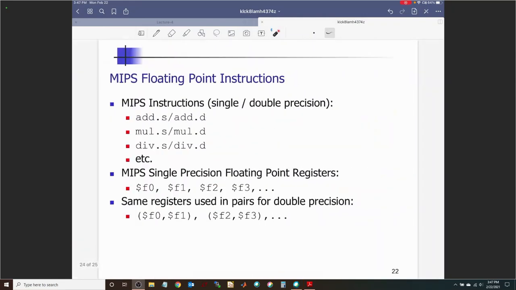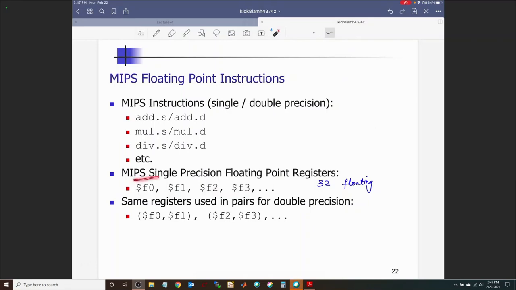Now, in terms of MIPS instructions for floating point arithmetic, there are actually 32 floating point registers that help with this. They are numbered $F0, $F1, $F2, $F3 all the way to $F31.